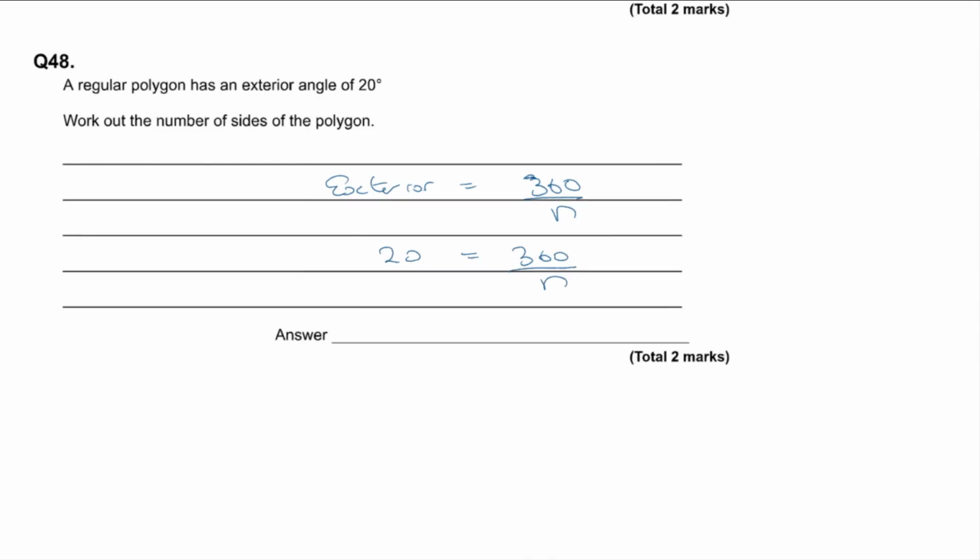Now if I cross multiply my 20 and my n, switch these around, or another way of thinking about it is multiplying both sides by n and dividing both sides by 20, I'm going to get n is equal to 360 divided by 20. So what's that? 36 divided by 2, that's 18. It's going to have 18 sides.